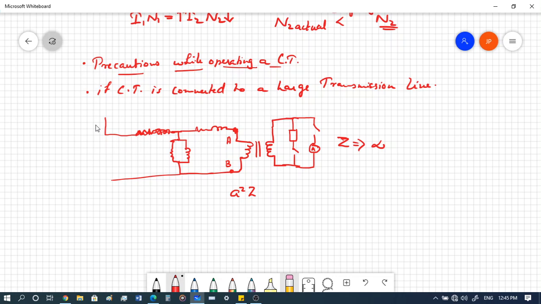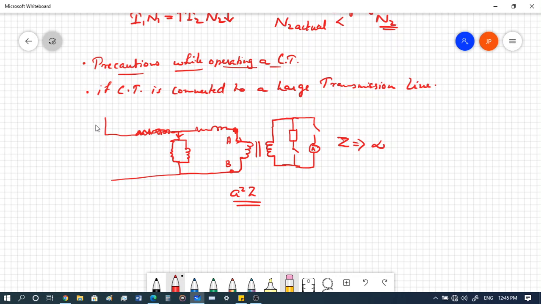Now if this is happening, there won't be any current flowing through the primary side of the ideal transformer, and all the current will have to flow through this circuit, because the primary side current is basically dependent upon the current drawn from the secondary side, right?